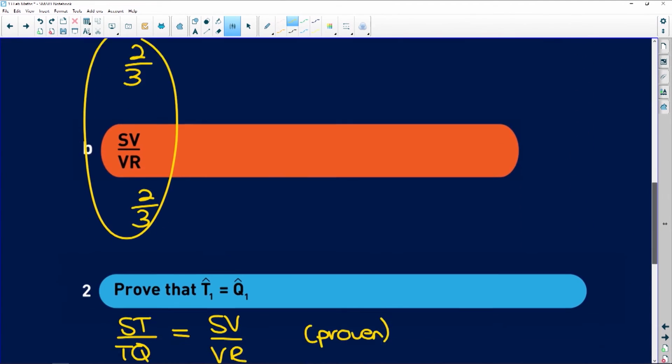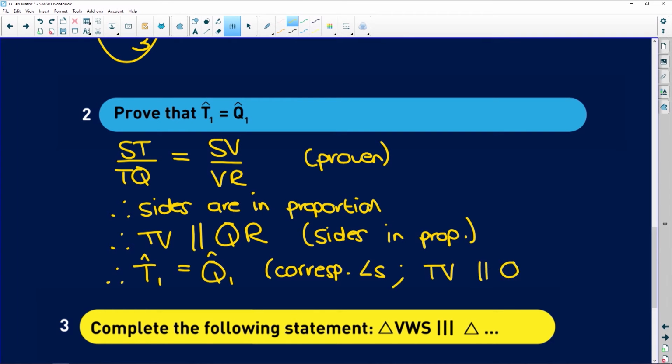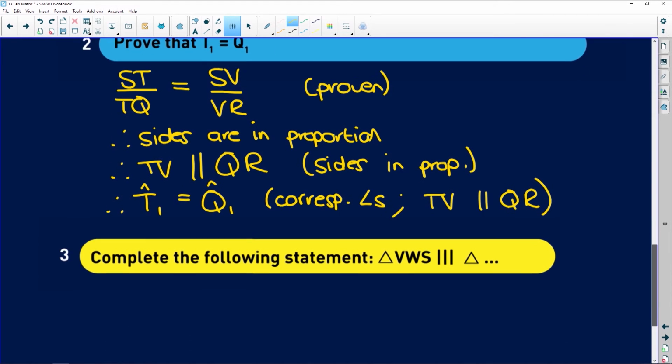So let's take a look. Therefore, T1 is equal to Q1, and your reason is corresponding angles, and give your parallel lines so that your examiner knows where you're talking about. Okay, always treat your examiner like they have no clue.